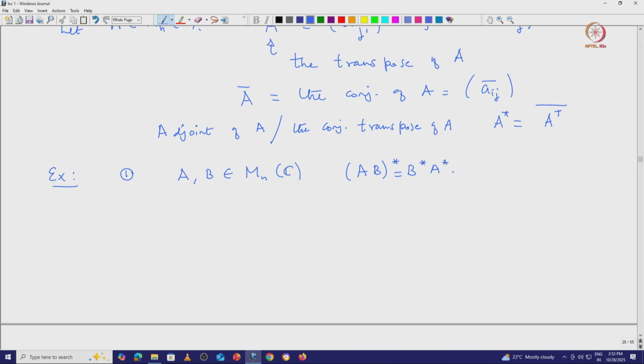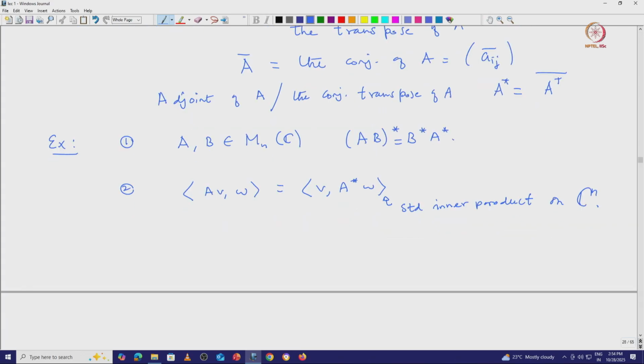It is easy to check that there is a well behaved property of these adjoint matrices. If we take the inner product of Av and w, then this is going to be equal to the inner product of v and A star w, and here the inner product stands for the standard inner product on C^n.